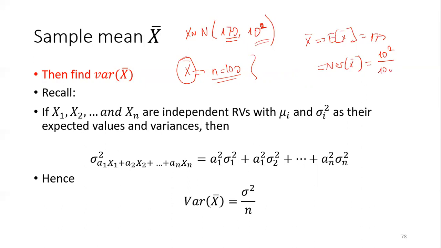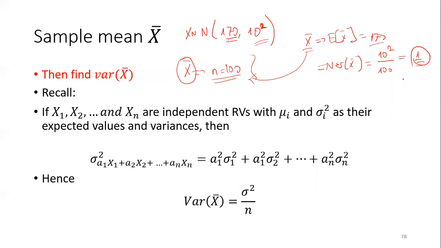Okay, so this is 100, so this is equal to 1. So the variance of x bar is equal to 1. And the standard deviation of x is equal to 10, and the standard deviation of x bar is equal to 1. See? So if x has a mean of 170 and a variance of 100, then x bar, which is a class of size 100, will have an expected value of 170 and a standard deviation of 1.